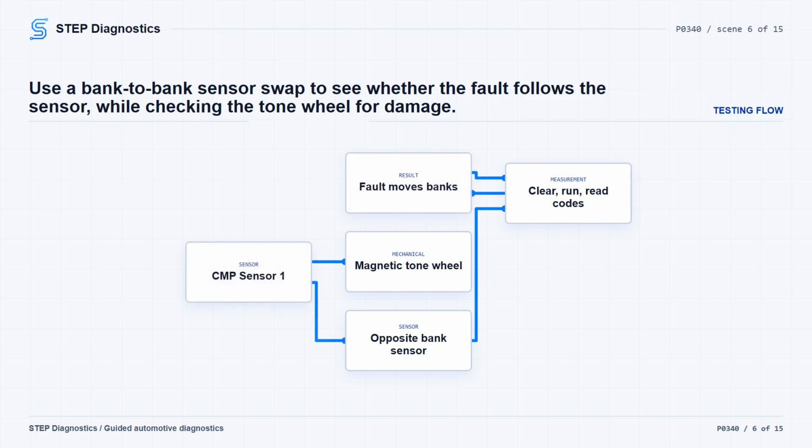Reproduce the captured conditions and read the codes again. If the cam sensor fault moves to the opposite bank, replace the faulty camshaft position sensor. Anytime a repair or replacement is made to a CMP sensor, CKP sensor, flywheel, valvetrain, timing chain, or gears, perform the cam/crank relearn with the scan tool before final verification.